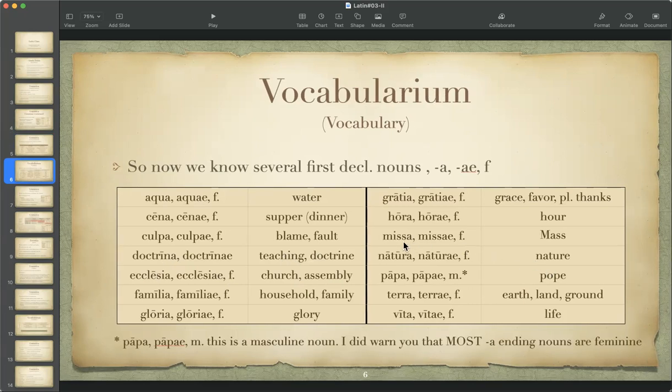Missa, okay. Mass, that's not hard. Natura, nature. Papa, pope, you know. Terra is already an English word, and then vita. So memorize these, and what I want you to do is the singular and the genitive.